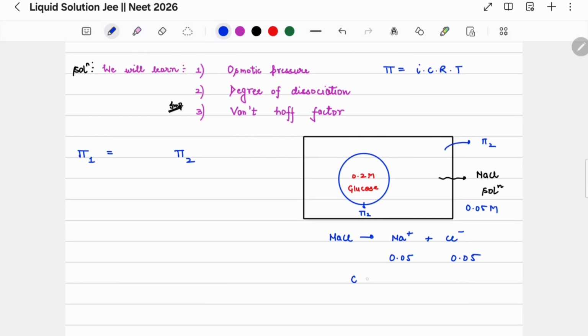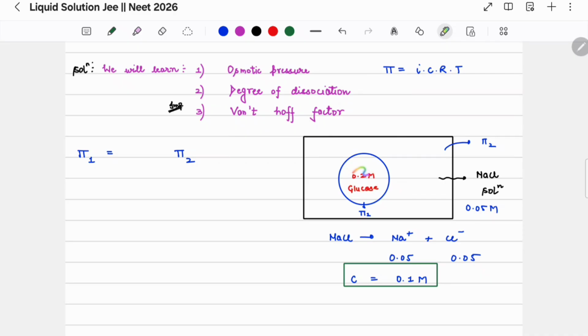So the concentration I can write for NaCl is 0.1 molar. Now we can directly solve this question. Glucose is 0.2 molar. After dissociation, what is the concentration of NaCl? 0.1. So which one is more?